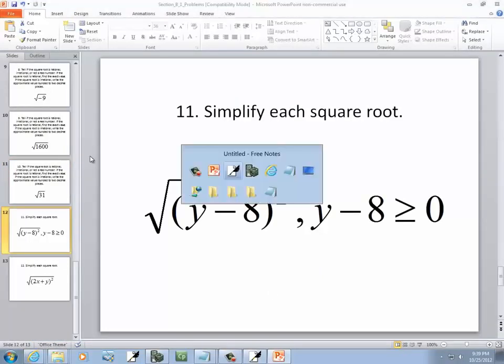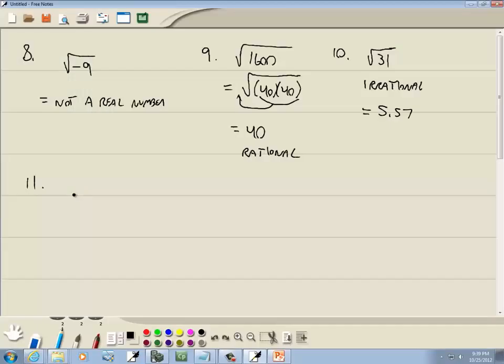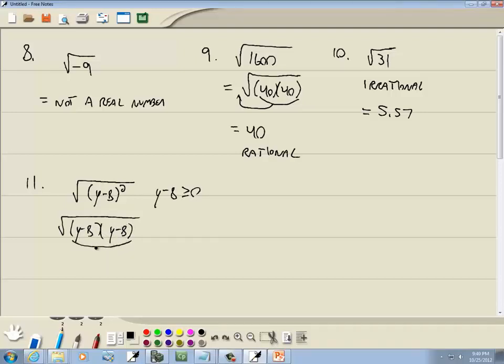And let's look at number 11. We got square root of y minus 8 to the second power. And they say y minus 8 is greater than or equal to 0. We'll come back to that. Now, square root means we're looking for a pair of somethings. Y minus 8 squared means I'm going to have y minus 8 times y minus 8. Well, here's a pair of y minus 8s. So a pair of y minus 8s is going to come out in front as a single y minus 8.